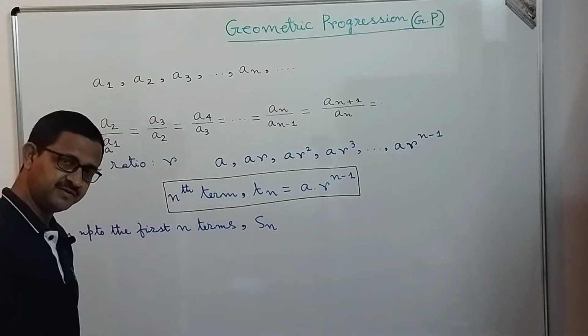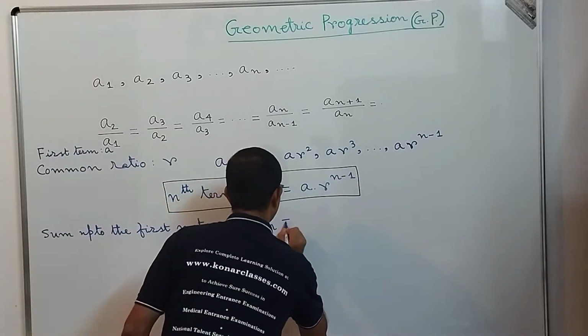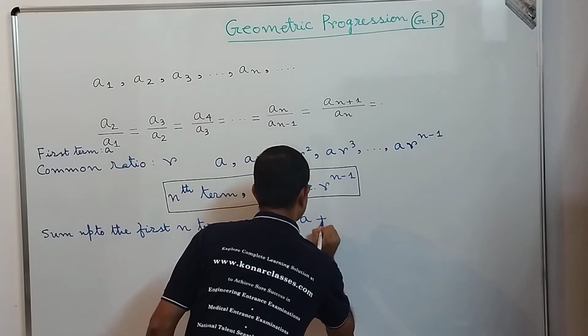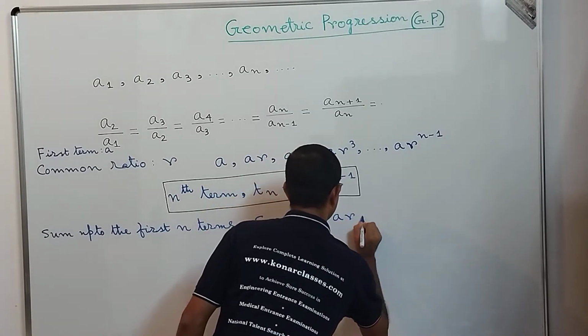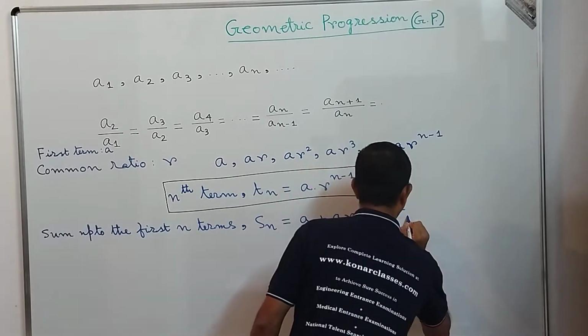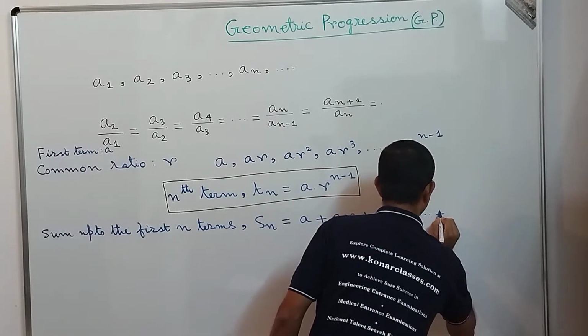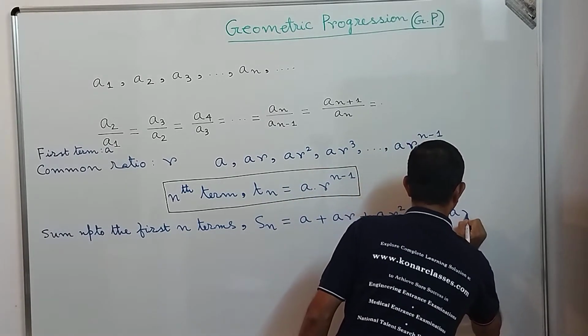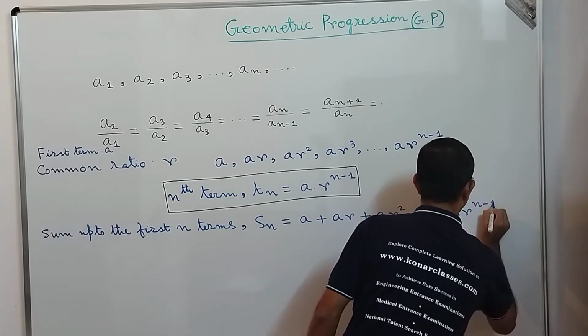And what is Sn then? Sn is equal to A, the first term, plus AR, the second term, plus AR square, the third term, and in that way we get the nth term A into R power n minus 1.